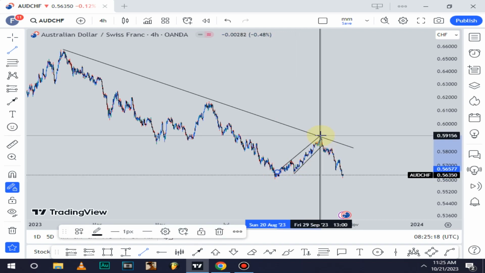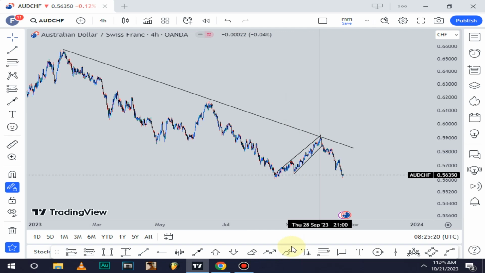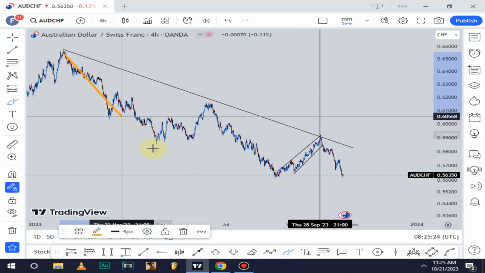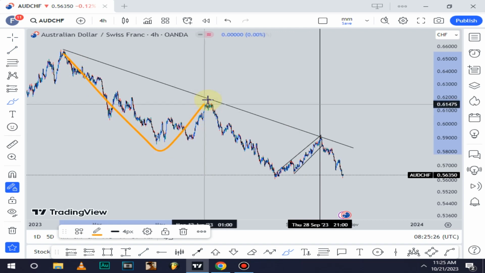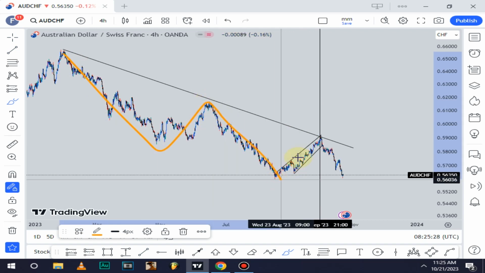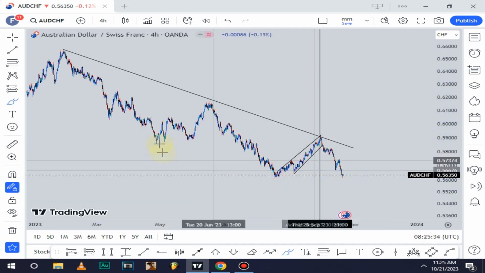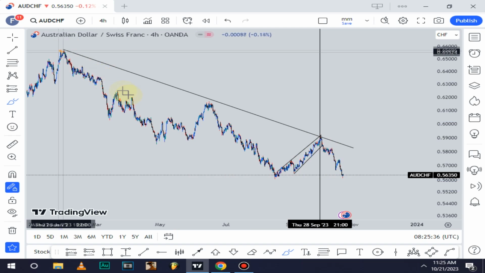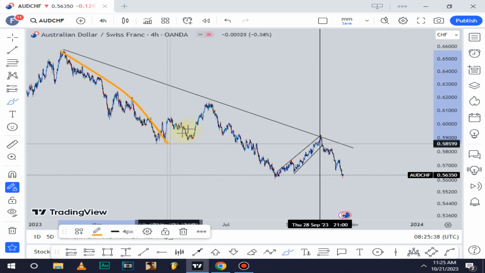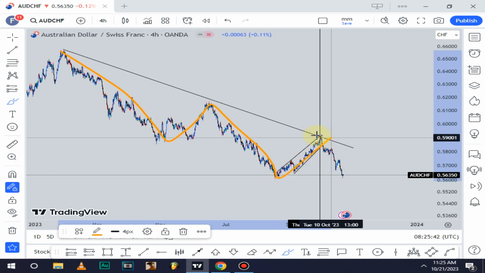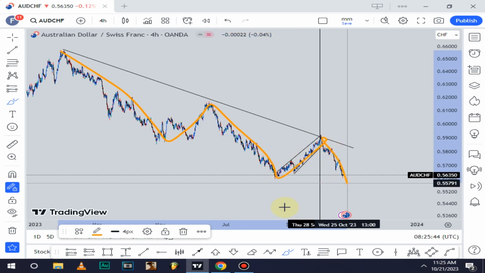This was a correction because price is moving in a series of lower lows and lower highs. So we have this series: lower low over here, lower high, lower low. Now this is a lower high. After a lower high, of course, we expect price to give us a lower low, or rather, let me just say an impulse move over here: correction, impulse, correction, and now impulse move, okay?